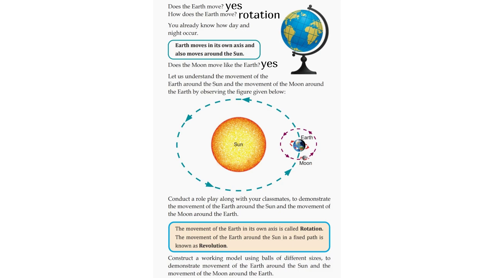The movement of the earth on its own axis is called rotation. The movement of the earth around the sun in a fixed path is known as revolution. Construct a working model using balls of different sizes to demonstrate the movement of the earth around the sun and the moon around the earth.